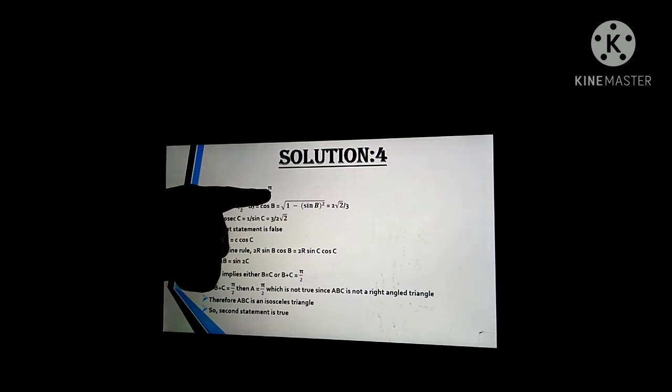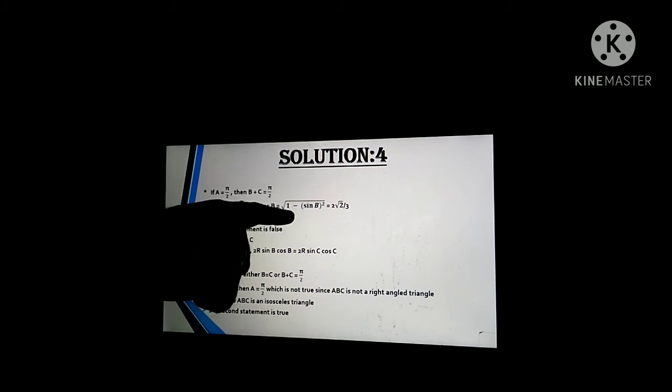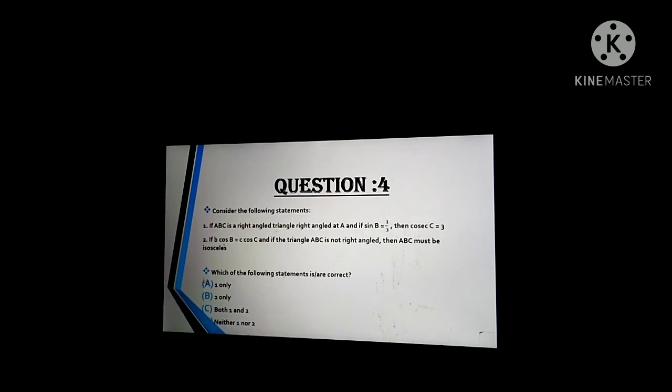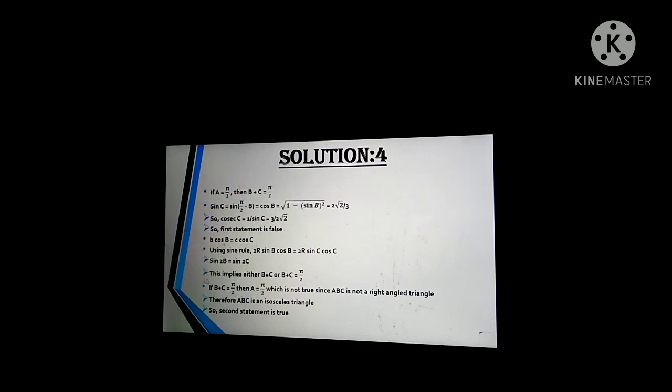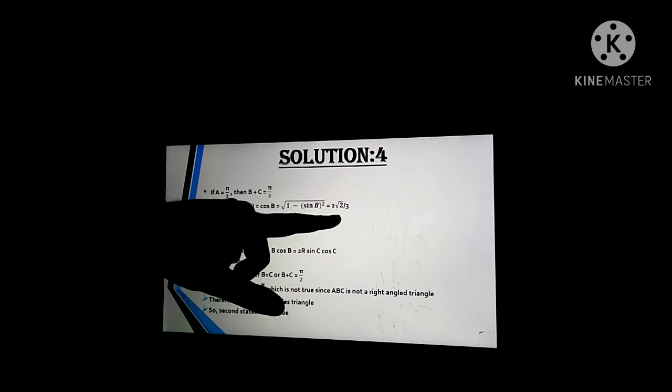So since B plus C is pi by 2, C can be written as pi by 2 minus B. So sin C is sin of pi by 2 minus B, and sin of pi by 2 minus B becomes cos B, and cos B can be written as root of 1 minus sin square B. We are given, in the previous slide, that sin B is equal to 1 by 3. So we substitute the value of sin B equal to 1 by 3. So 1 minus 1 by 9, 8 by 9, and then square root of 8 by 9 is 2 root 2 by 3. So we get the value of sin C as 2 root 2 by 3.